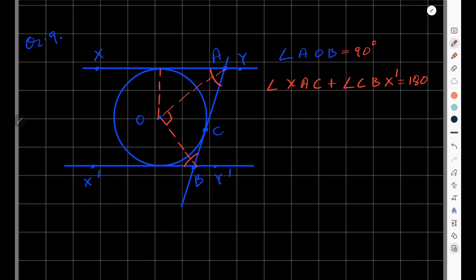We can also draw a line here, and we know from the previous theorems that these two triangles are congruent.